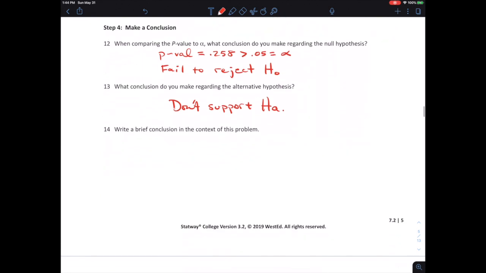We write a brief conclusion. So the data don't support that the murder rates are not all the same for every season.